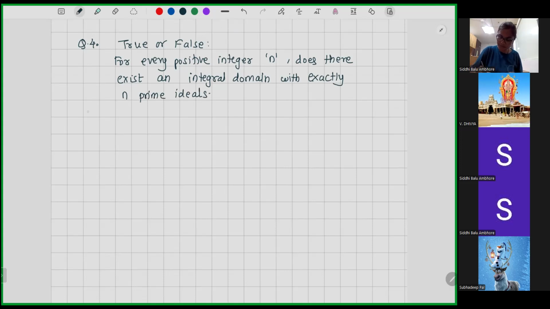Any guesses? For any given n, can we have an integral domain such that it has exactly n prime ideals, or is that not possible at all?